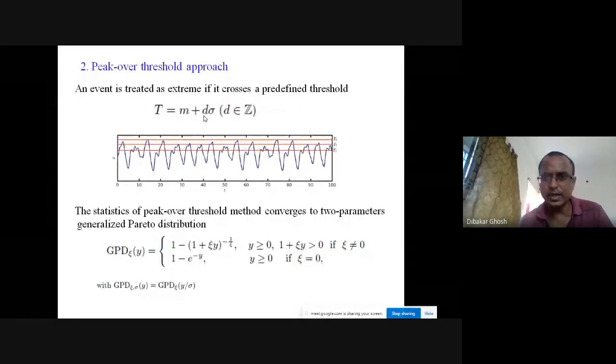In this schematic diagram, I draw T1 for, suppose, d equal to 2, T2 for d equal to 4, and T3 for d equal to 5. The events above these thresholds T1, T2, T3 will be considered extreme events. The statistics of the peak over threshold method converge to the two-parameter generalized Pareto distribution. The form is this.